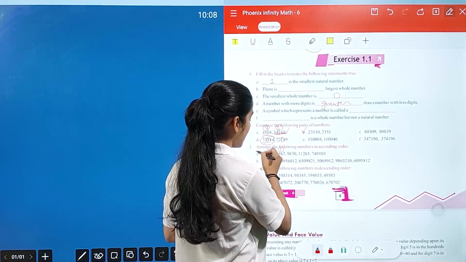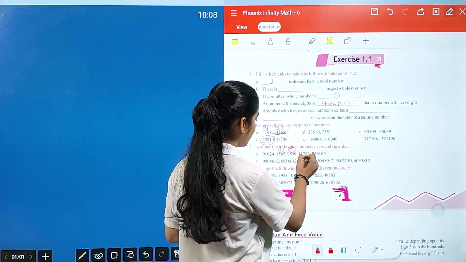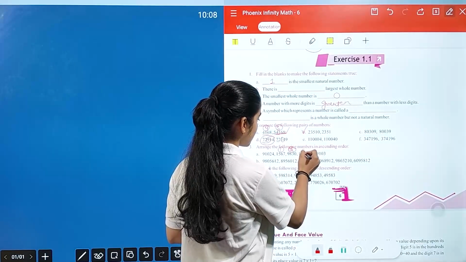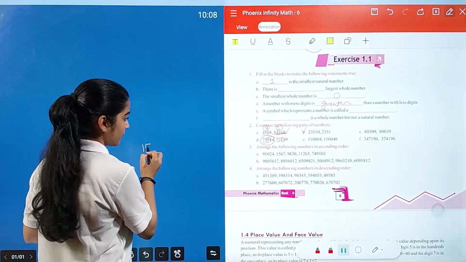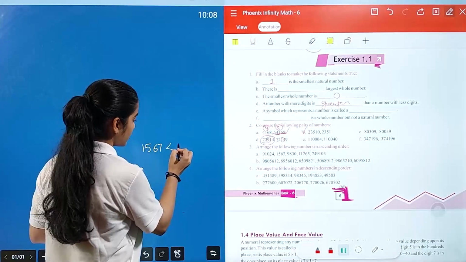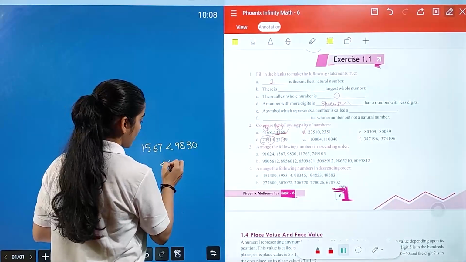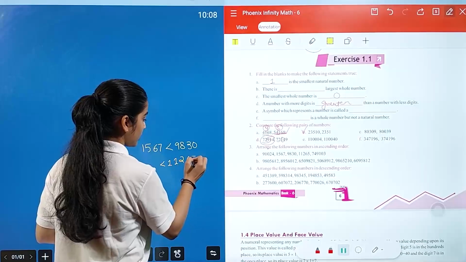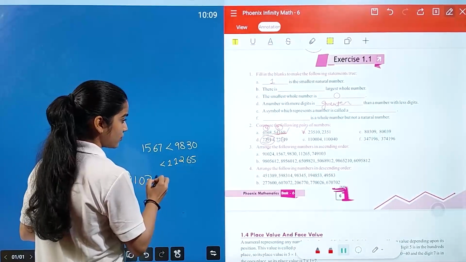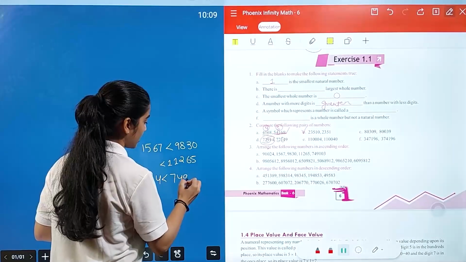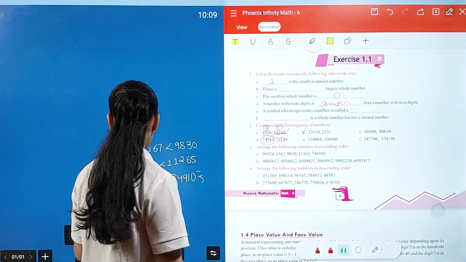Then 1, 2, 3, 4, 5, then 1, 5, 6, 7, then 9, 8, 3, 0, after this 1, 1, 2, 6, 5, then 91024, and then 749103. The same process you have to do for part B, or you can arrange simply.